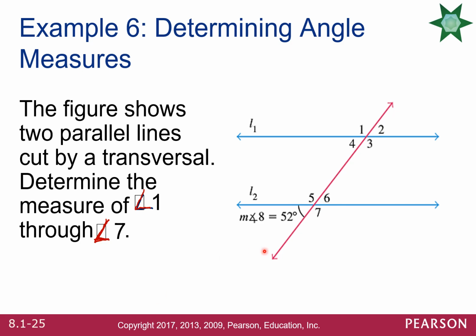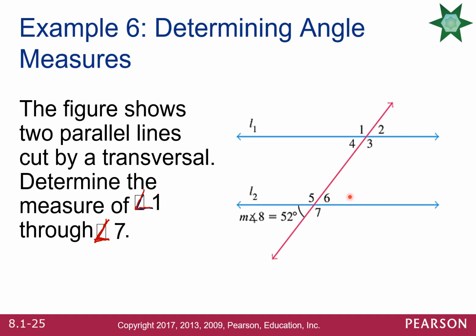That means all the angles that are formed around the parallel lines intercepted by the transversal. So we have 8 angles here, 1, 2, 3, 4 around line 1, and 5, 6, 7, 8 around line 2. And the only angle measure that's given to us is the 52-degree angle for angle 8. So using this information, we have to find the rest of the angle measures.